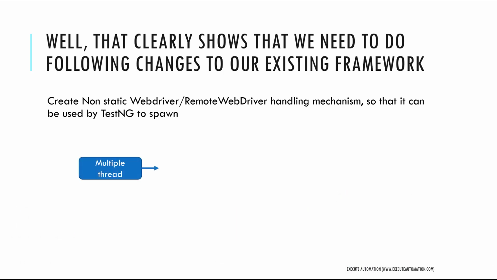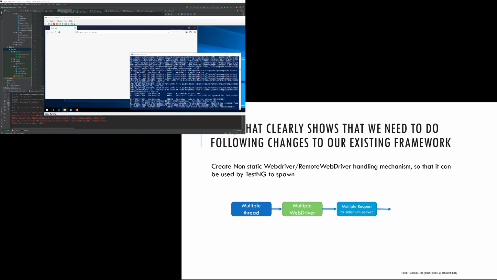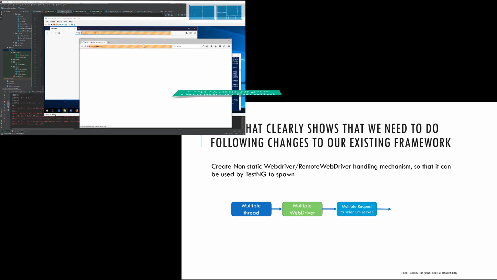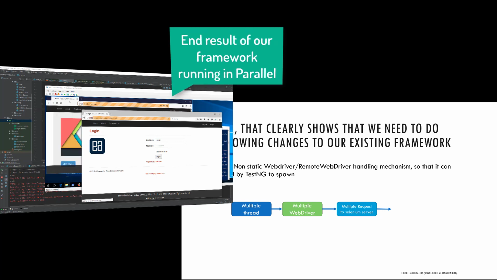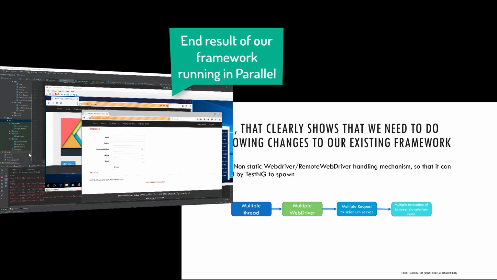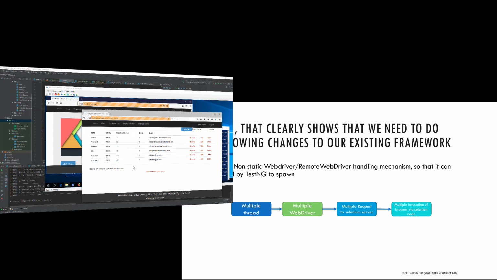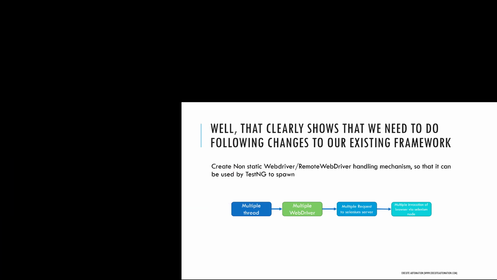So these threads are going to spawn multiple WebDriver requests from our code, and then this WebDriver is going to send multiple requests to the Selenium server so that it can open multiple browsers and start multiple tests in parallel, and then it is going to do multiple invocations of browsers via the Selenium node. So that's the job of the Selenium server to do that. So these are the things going to happen in our code with our existing framework if we make these changes.